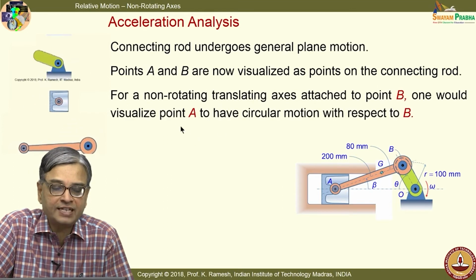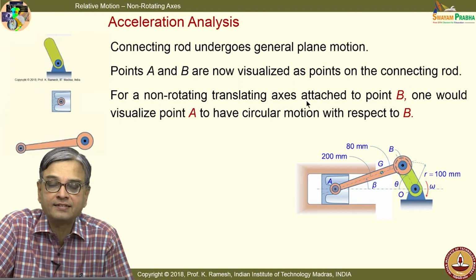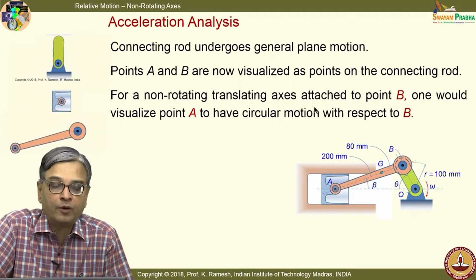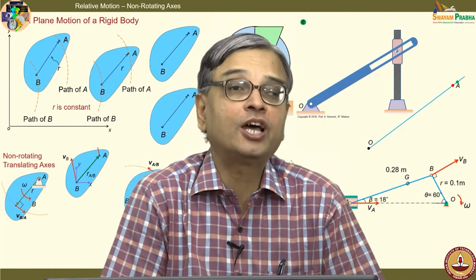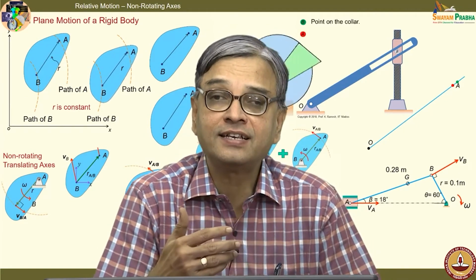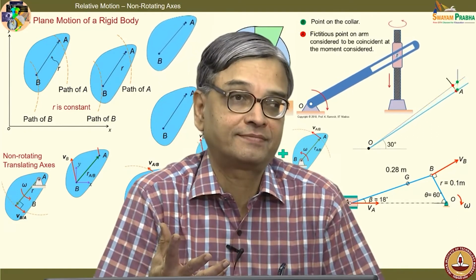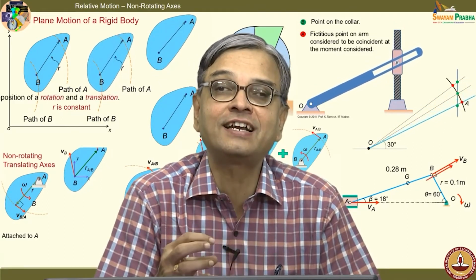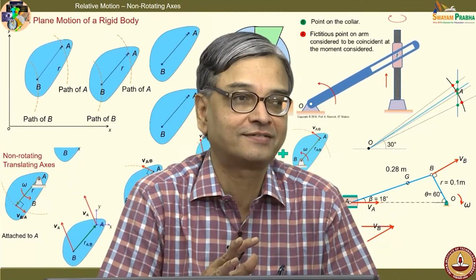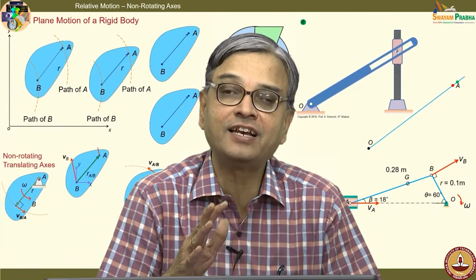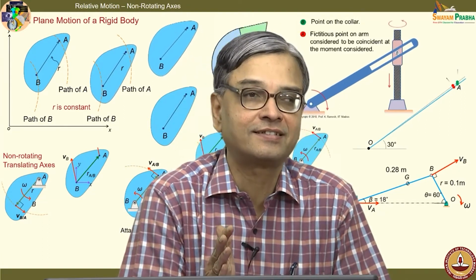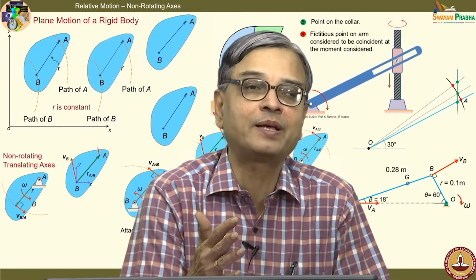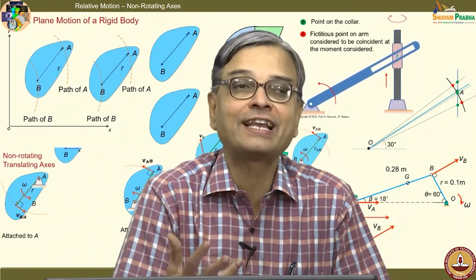Again, the statement is emphasized: for a non-rotating translating axis attached to point B, one would visualize point A to have circular motion with respect to B. In the next chapter, we are going to have an axis which will be rotating with the system. So, when I say non-rotating translating axis, you should appreciate it in that context. We are making a very clear distinction. In one class of problems, you simply attach a translating axis. In another class of problems, your life becomes much simpler if you attach a rotating axis.